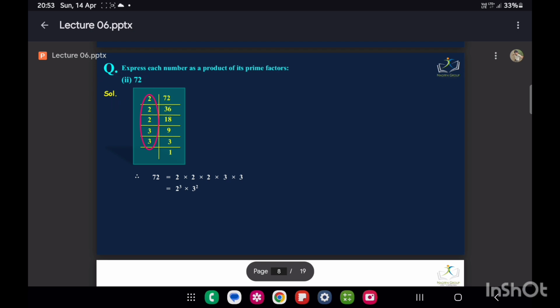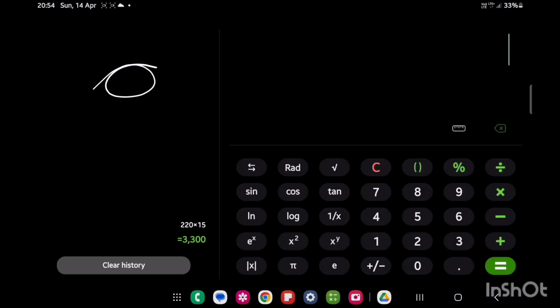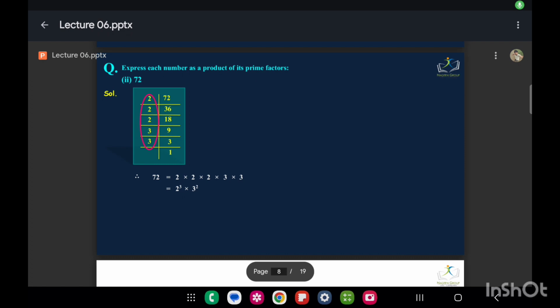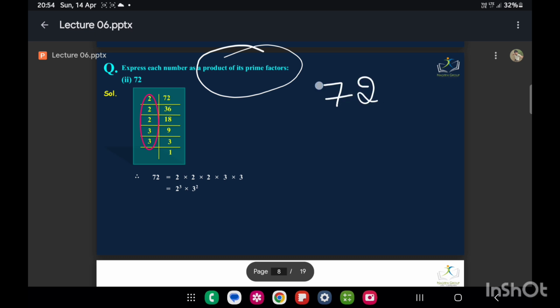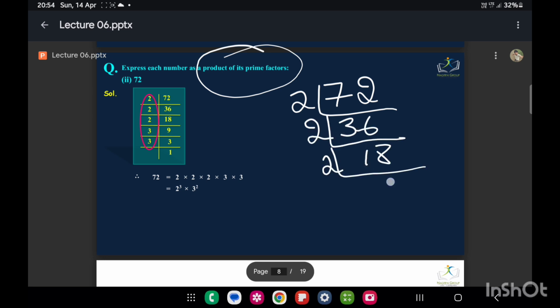Another problem we are having is 72, which should be expressed by the prime factor method. 72 can be divided by 2. 2 36s are 72, then 2 18s are 36, then 2 9s are 18. 9 can be divided by 3. 3 3s are 9, then 3 1s are 3.